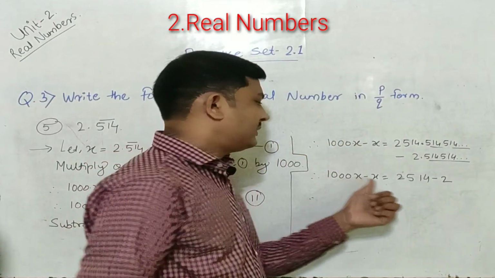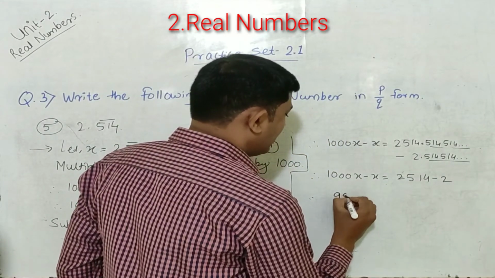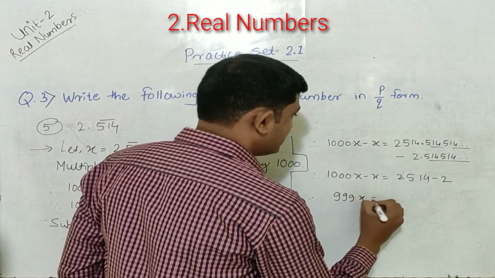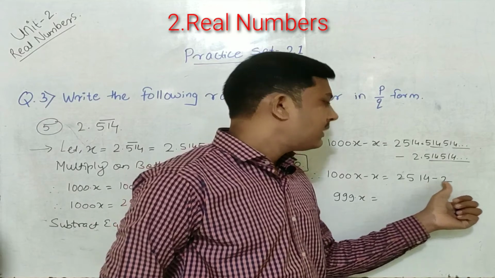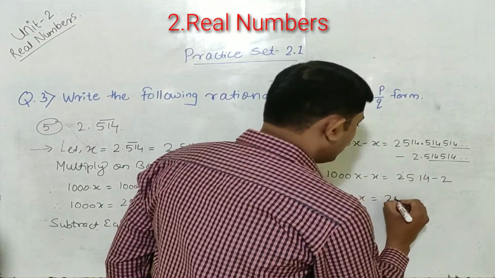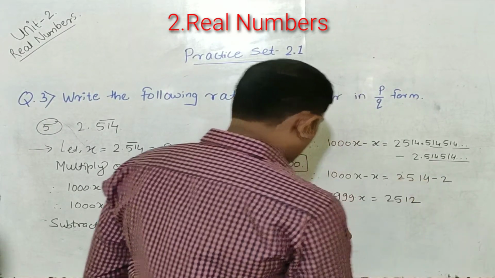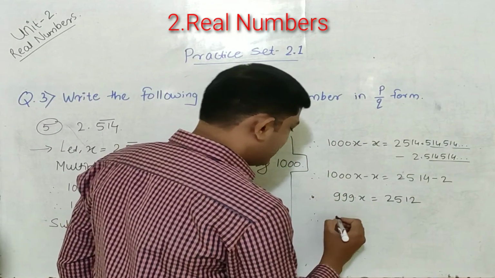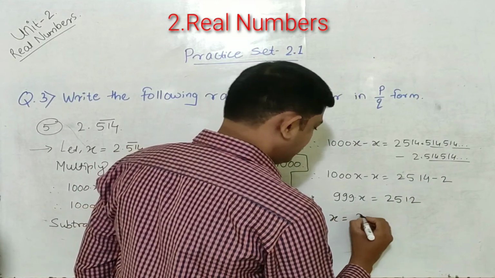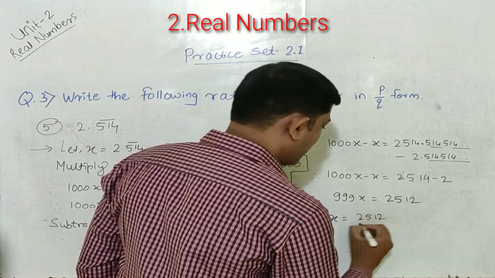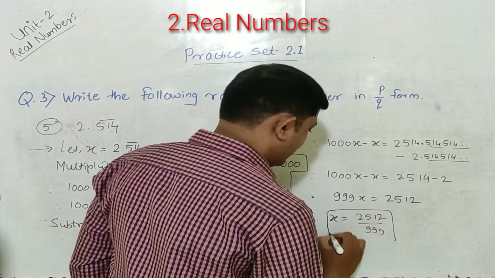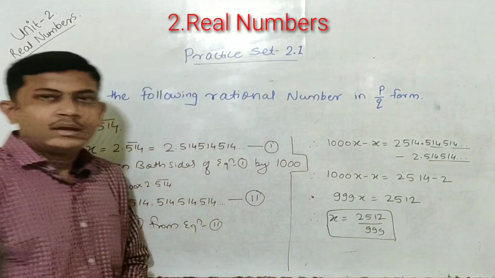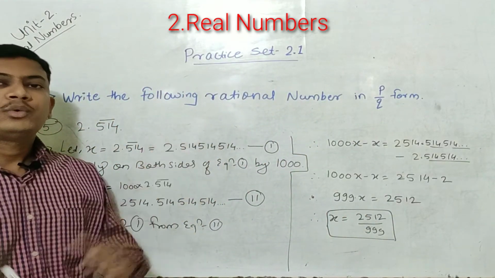Therefore 1000x minus x, that is 999x, is equal to 2514 minus 2, which is 2512. Therefore, the value of x is 2512 upon 999. Here the practice set 2.1 ends.